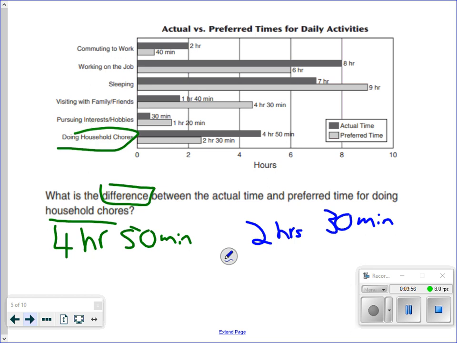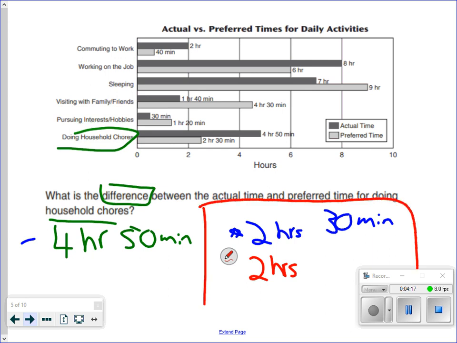I need to try and get this number, 2 hours and 30 minutes, all the way up to this number, which is 4 hours and 50 minutes. So I just kind of take my time and add numbers to here. So I'm going to start with the hours. If I'm at 2 hours and I have to get to 4 hours, I'm going to add 2 hours to this time. So now my total on the right side over here is 4 hours and 30 minutes.